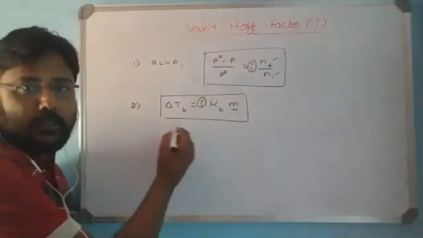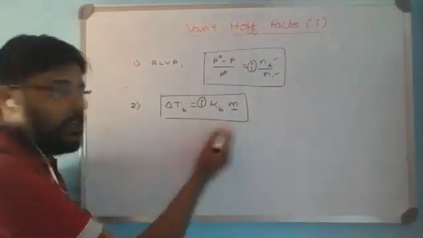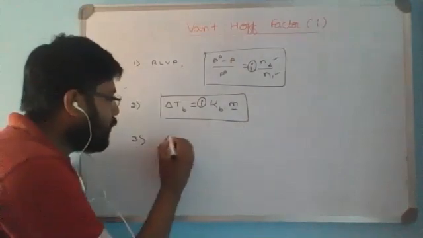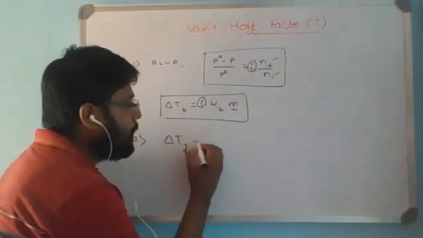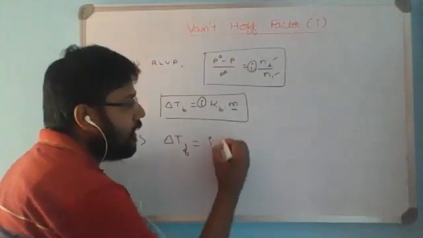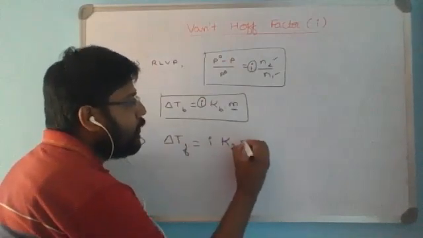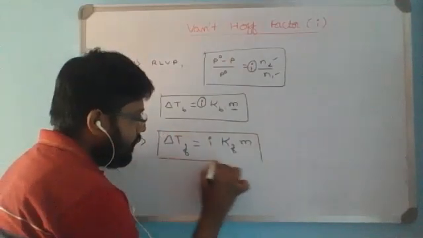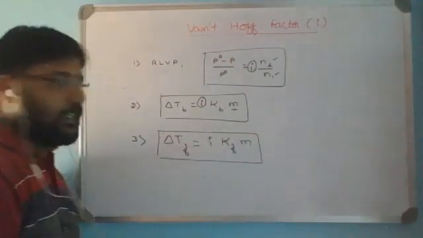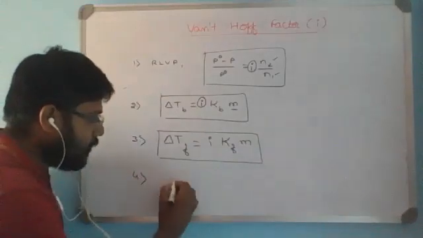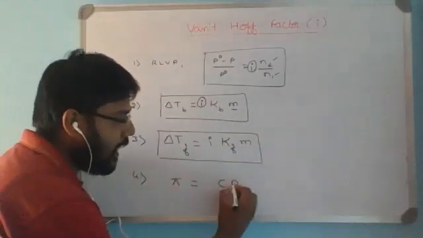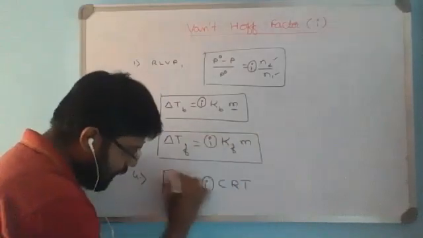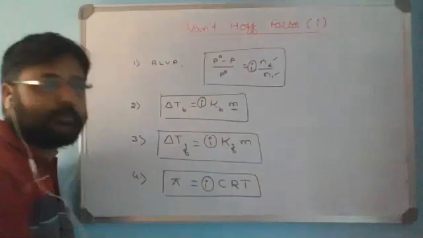I'm just specifying the main colligative property equation with the correction term Van't Hoff factor. Then the third one, depression of freezing point, delta Tf is equal to i Kf m. And the last one, osmotic pressure, pi is equal to CRT, with the Van't Hoff factor pi is equal to iCRT.